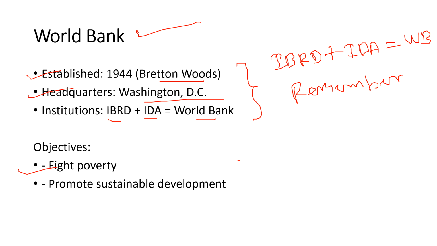How will they do this? They can develop those countries which are underdeveloped, which are developing countries. How? They can give access to education, healthcare facilities, clean water facilities, and they can solve electricity problems, right? So these are the basic things that every developing country is facing, and those important points or functions are what the World Bank is trying to provide to those developing countries, correct?